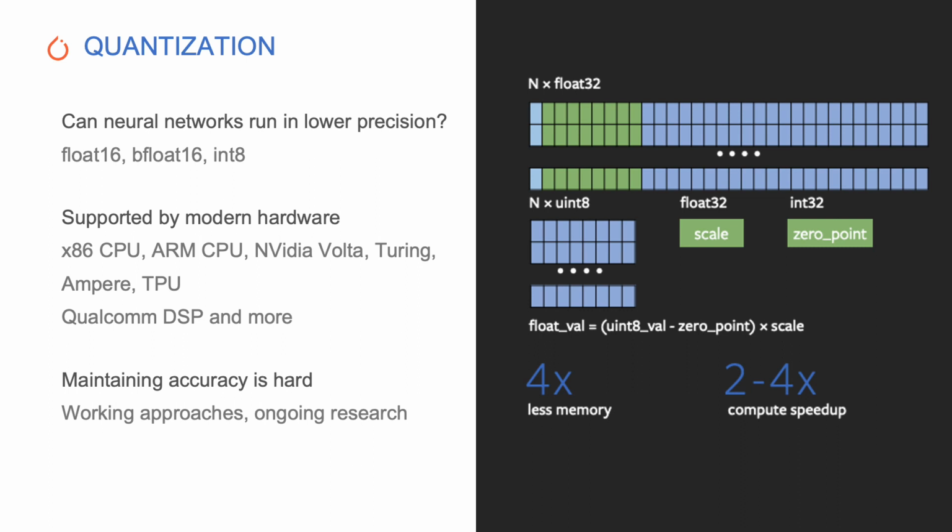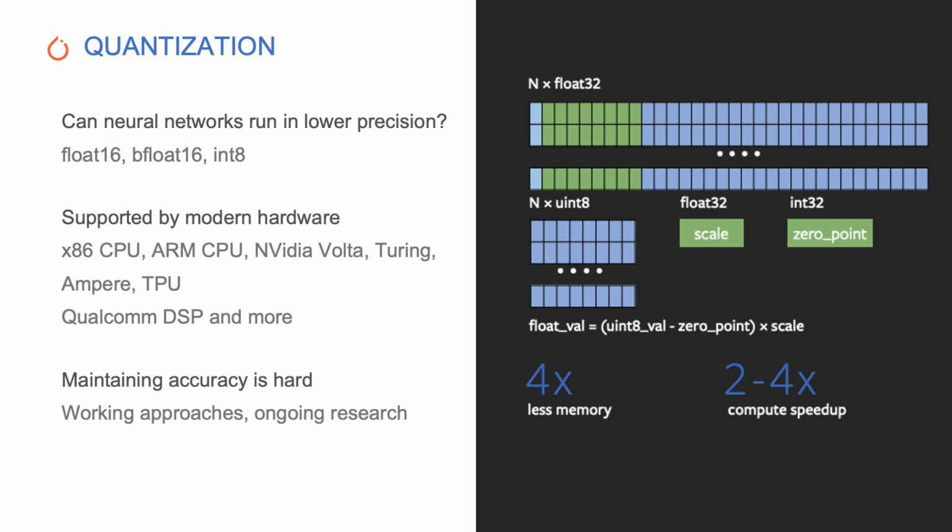To provide a little bit more context on how quantization actually works, if you think about neural networks, they boil down in a lot of cases to a lot of matrix multiplication, tensor multiplication, and tensor addition operations. You're taking lots of floating point 32 values, multiplying them by other floating point 32 values, and adding the result together and accumulating that in order to create a new floating point tensor.